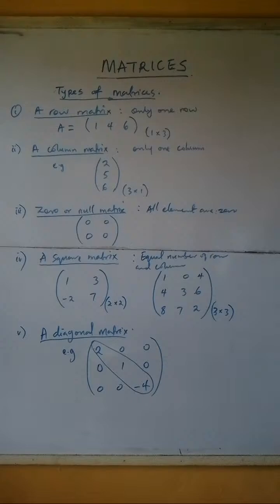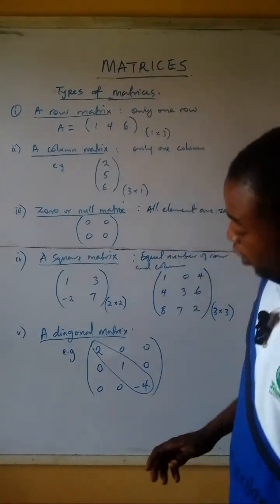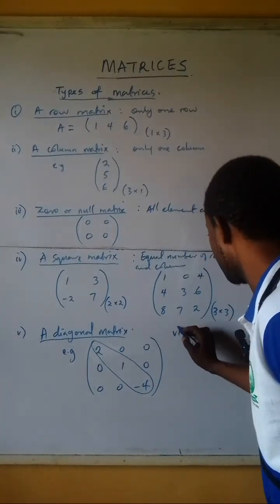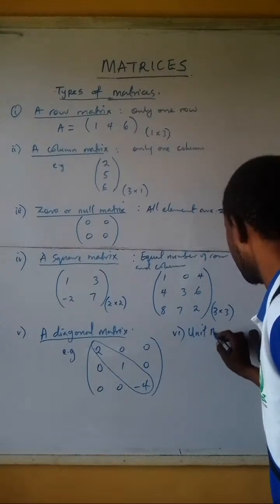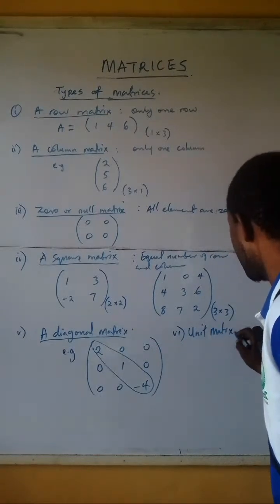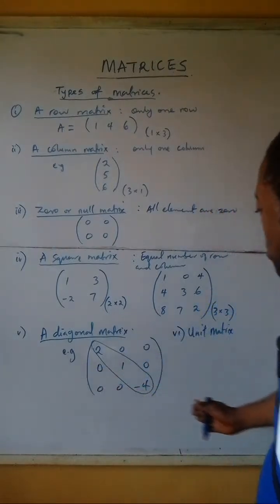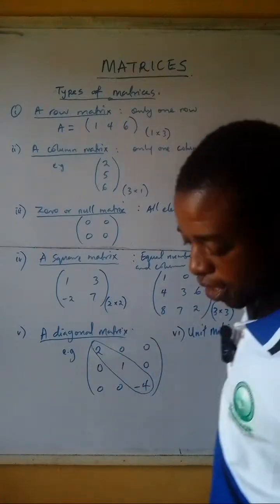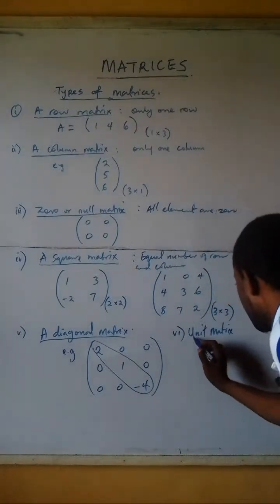Now, we also have another type of matrix. We call it a unit matrix. For a unit matrix, number 6, it follows from a diagonal matrix. But in that case, the leading diagonal has just unit, that is 1, on the diagonal.